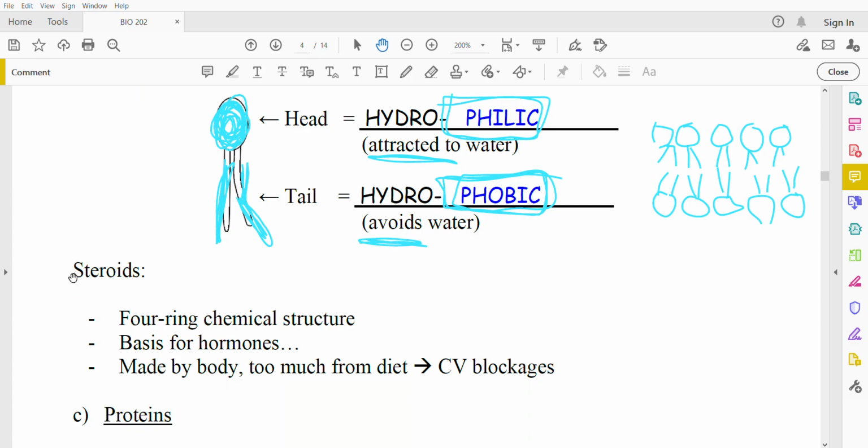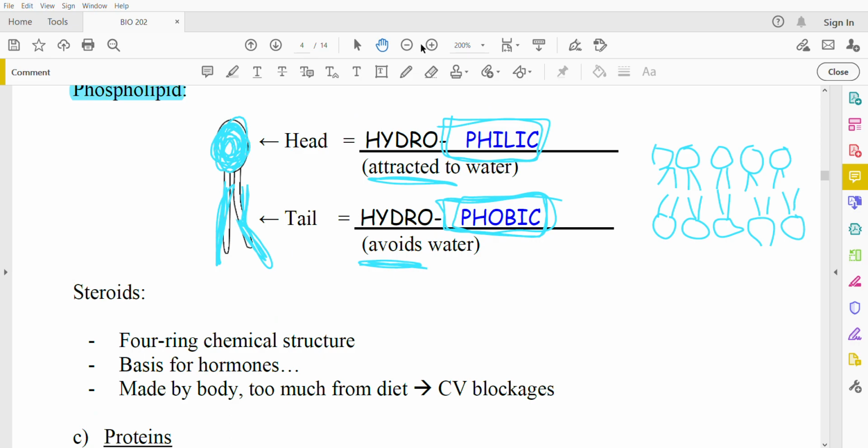And the last concept about the lipids that we discussed and I want to highlight here was the concept of steroids. A lot of hormones are made from steroids. They're the kind of basis for hormones. And steroids typically have a four-ring chemical structure. You can remember that your body does make a lot of steroids.